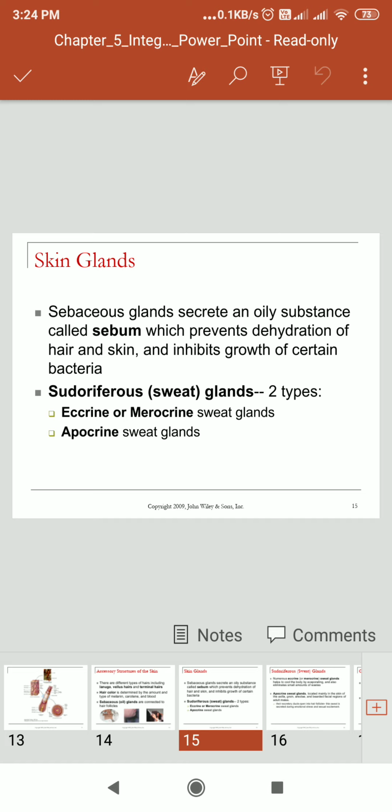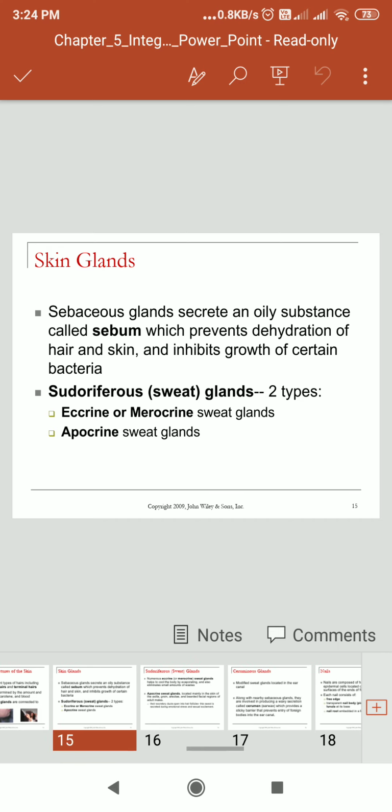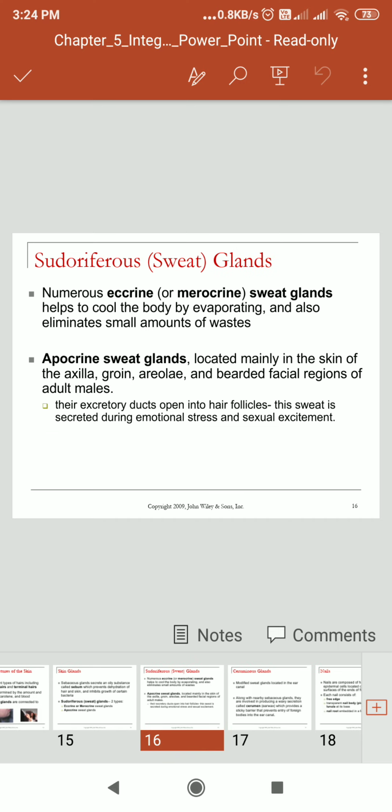The sudoriferous, that is sweat glands, are of two types: eccrine or merocrine sweat glands, and apocrine sweat glands. The numerous eccrine or merocrine sweat glands help to cool the body by evaporation and also eliminate small amounts of waste.